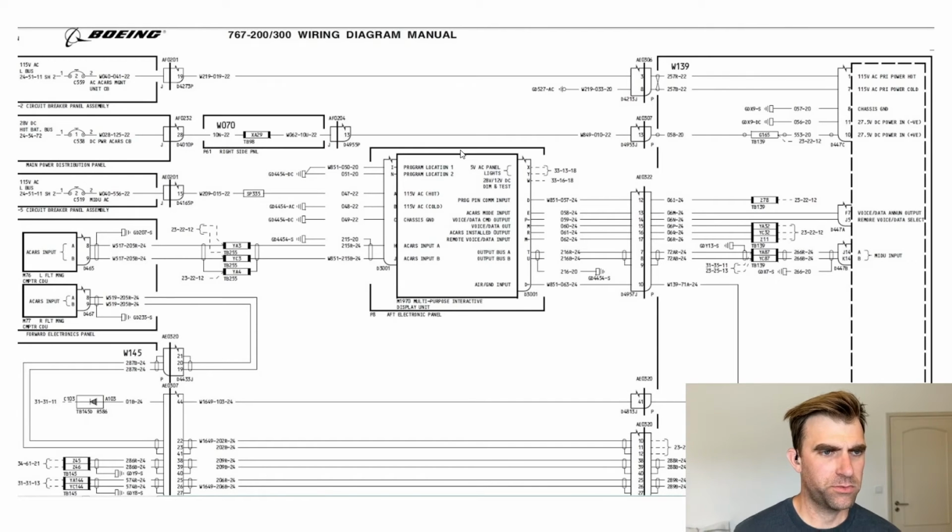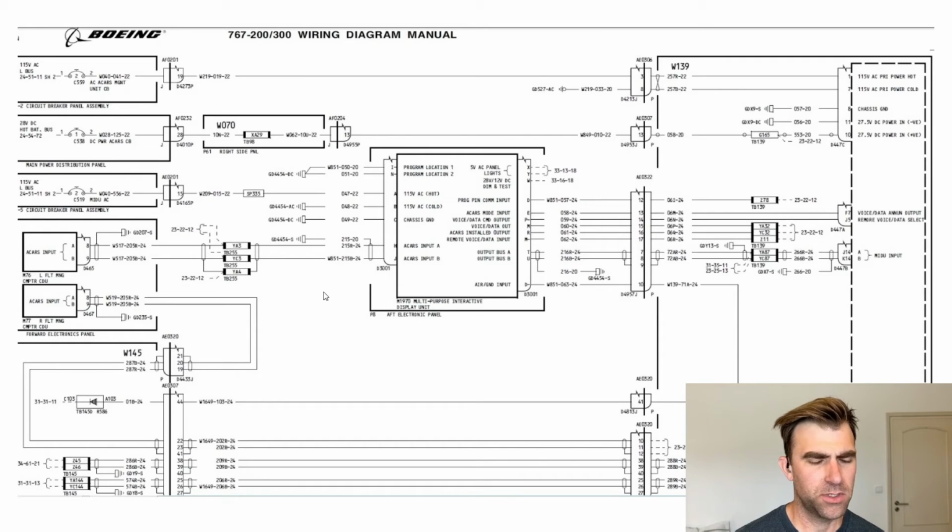Here's one from Boeing. It's a similar layout, but the symbols and fonts and everything are slightly different. It just takes some time to get used to whatever aircraft or manufacturer you're working on, to get used to how their diagrams work.